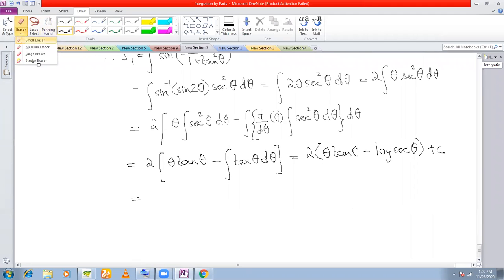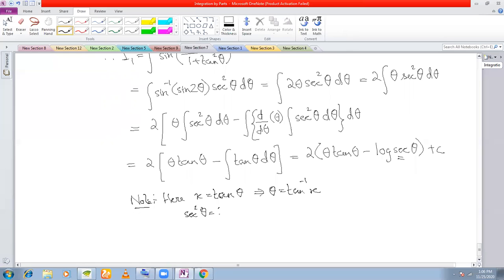So let's write a note here: x is equal to tan theta, that means theta must be equal to tan inverse x. And here we also have a sec theta. You know that sec square theta is equal to 1 plus tan square theta, which is 1 plus x square. That means sec theta is the square root of 1 plus x square.